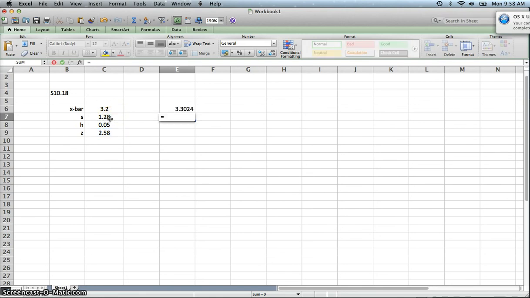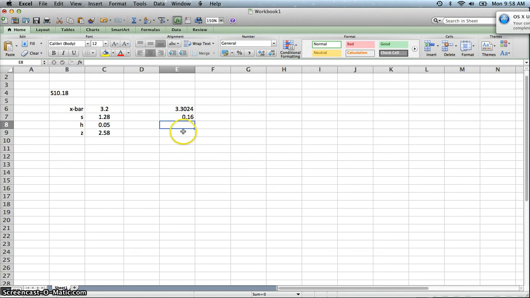We then want to multiply the H times the X bar. So let's go ahead and do that. H times the X bar. Like I was telling you, sometimes they will not give you the X bar or plus or minus within a certain percentage. They'll just tell you what the absolute error is, and then we would just use that. We wouldn't need to multiply that.